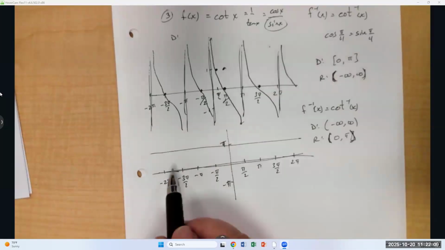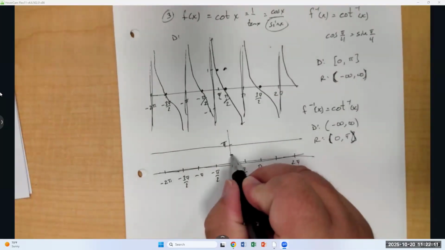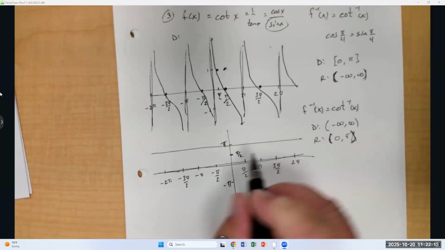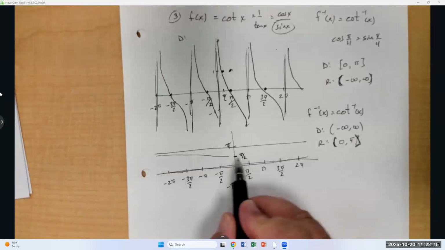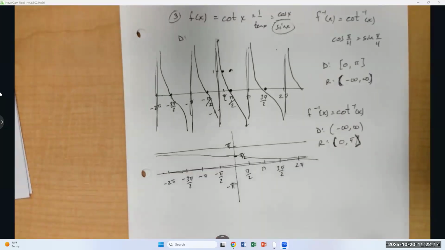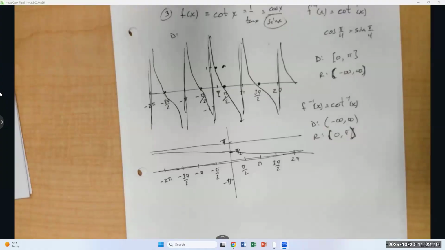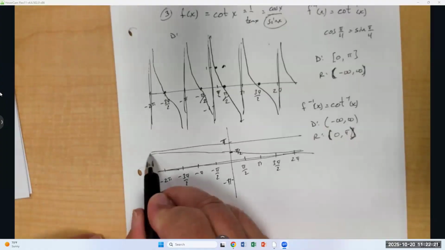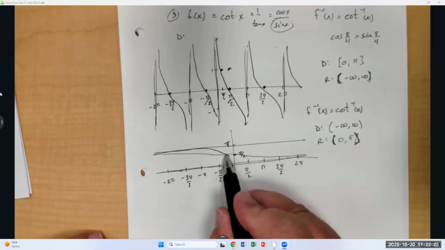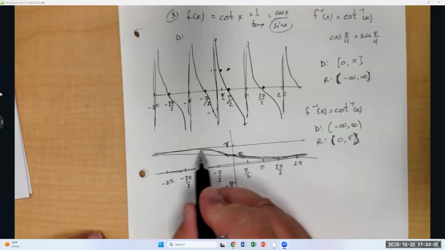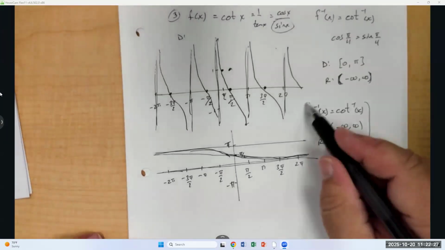Since it's a decreasing function, it crosses at pi over 2. That's our function. It's a curve. It goes like this. That matches our inverse function.